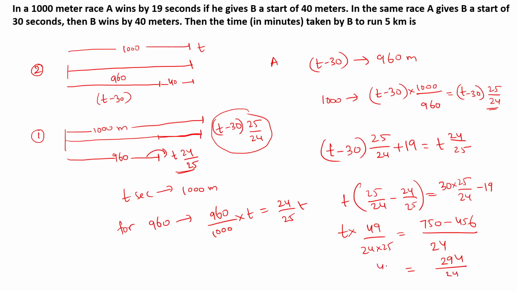So if we cancel out 49, 6 times 24, t is equal to 25 into 6, that is 150 seconds.